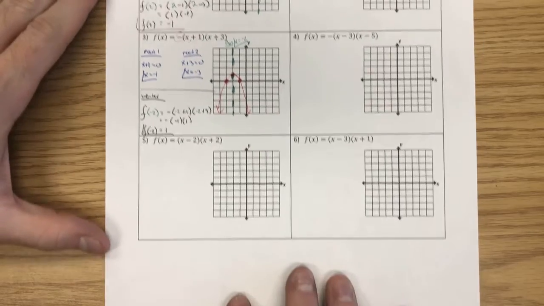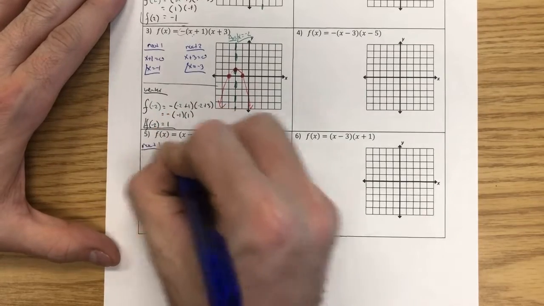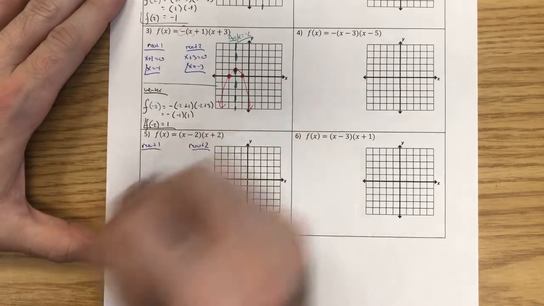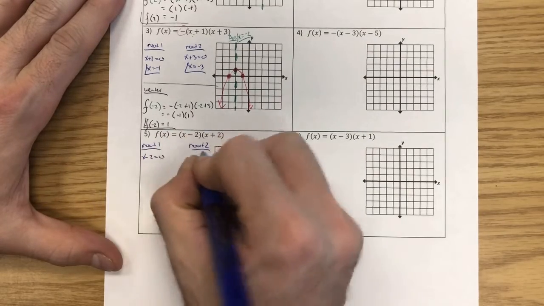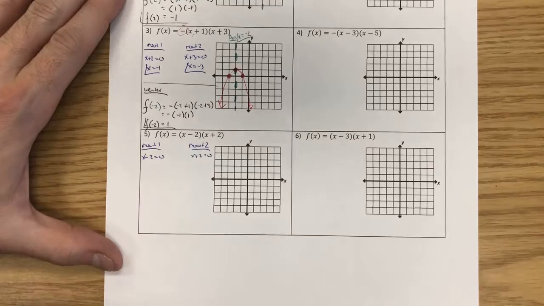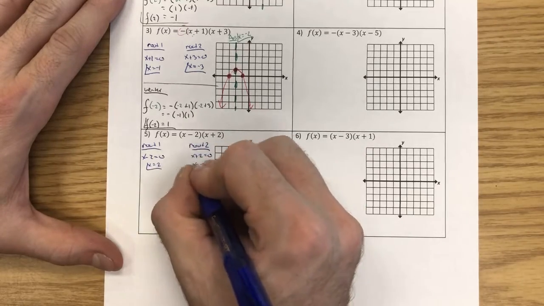Okay, let's give it a shot. I know my root 1 and my root 2. So if I have x minus 2 is 0 and x plus 2 is 0, that means x equals 2 and negative 2.